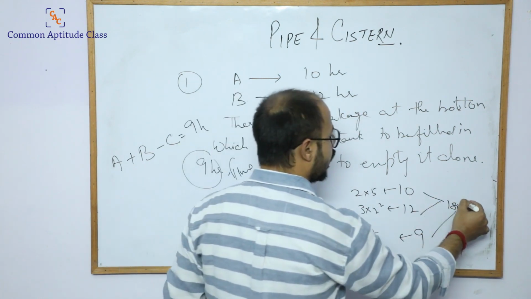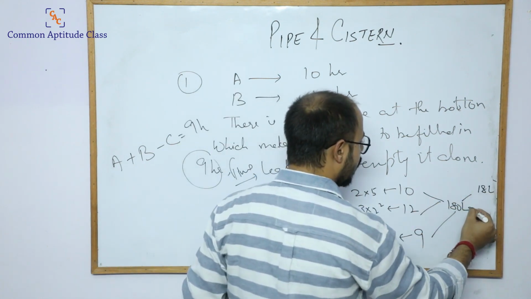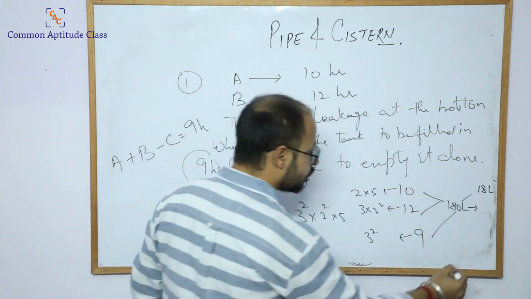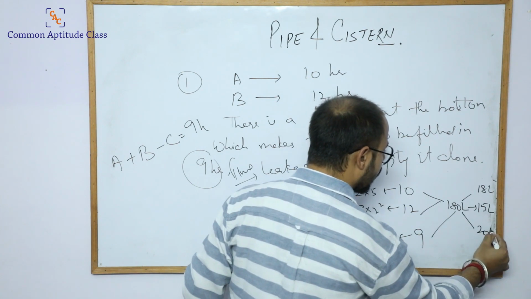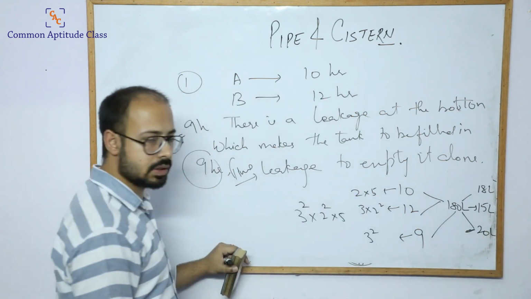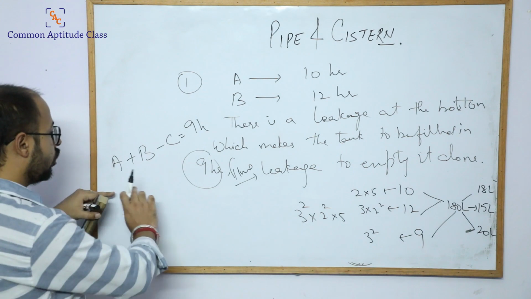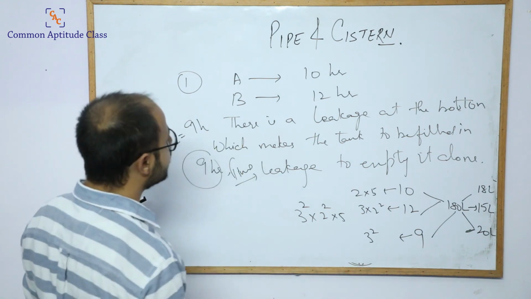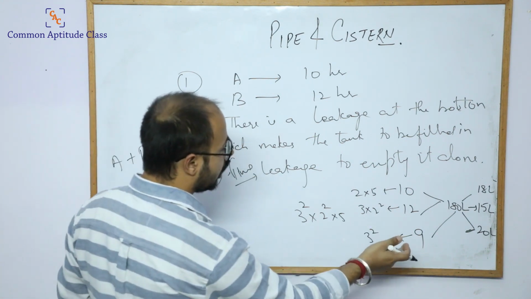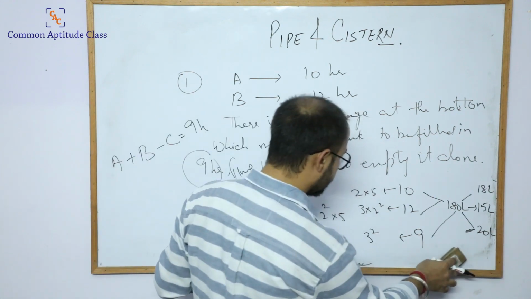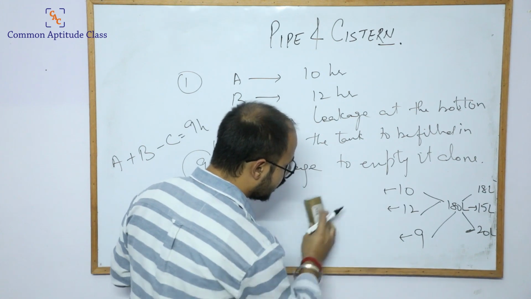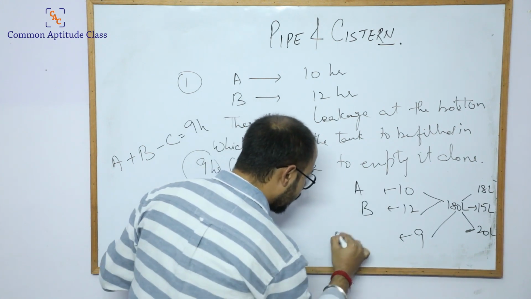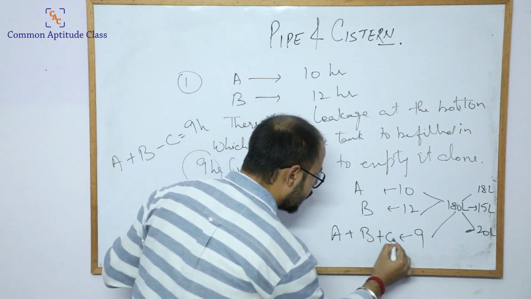So A fills 18 liters, B fills 15 liters, and C removes 20 liters. This is the complete capacity.